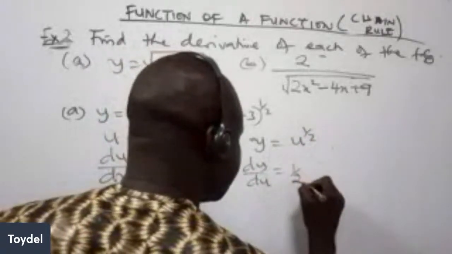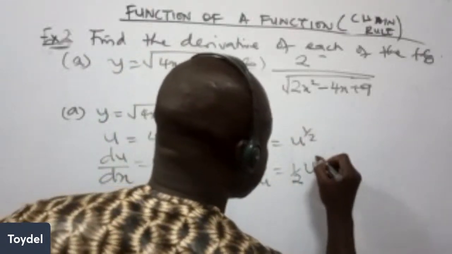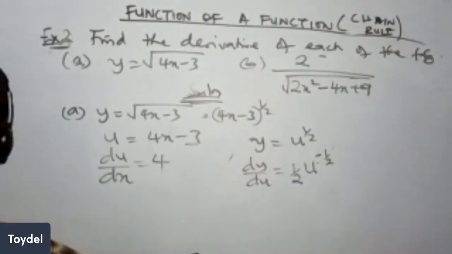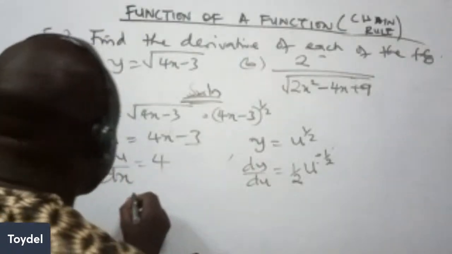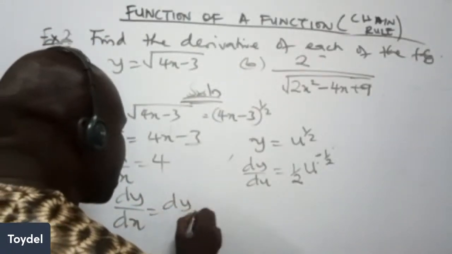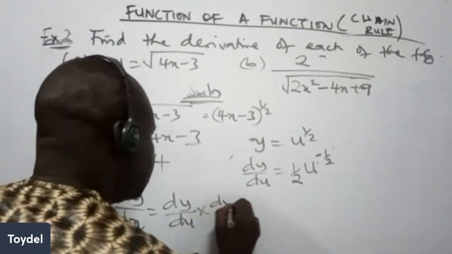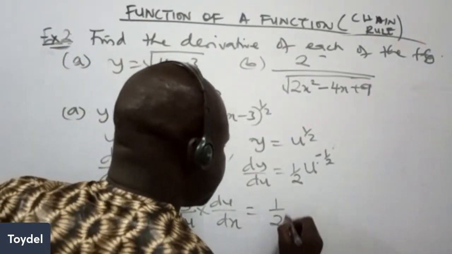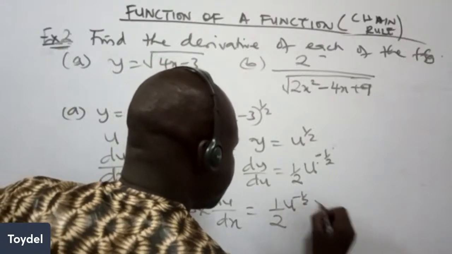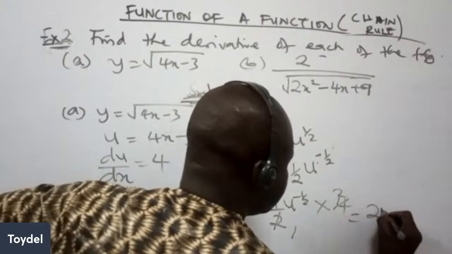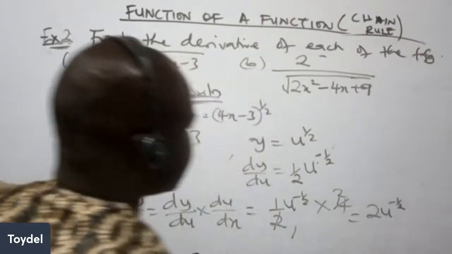I will have half u raised to power half minus 1, which is minus half. That's what we get. Please let's look at it very well. That will be minus half. At the end of the day, dy/dx will now be equal to dy/du multiplied by du/dx, and that will be half u raised to power minus half multiplied by 4. Here 1, here 2. At the end of the day, we have 2u raised to power minus half.